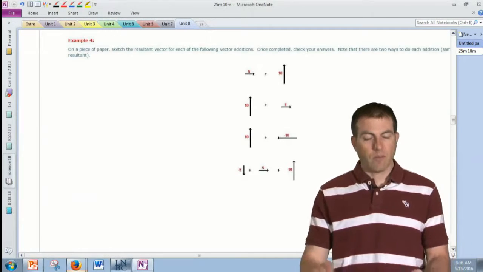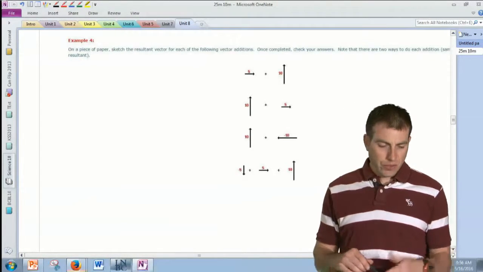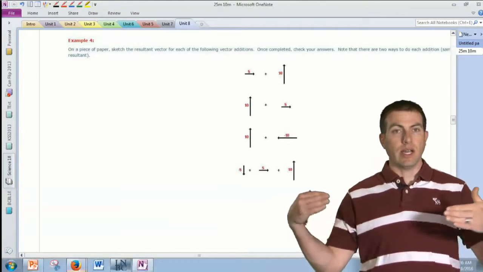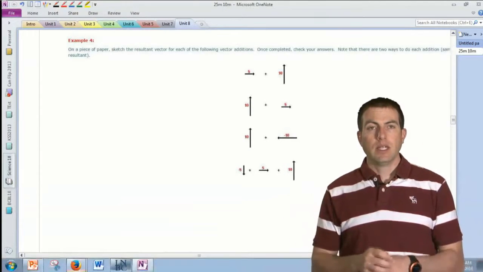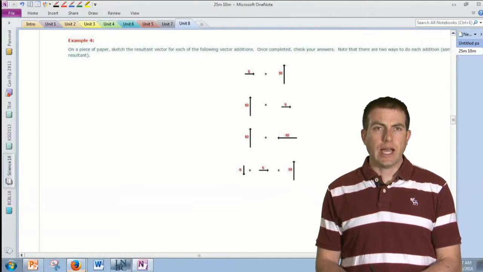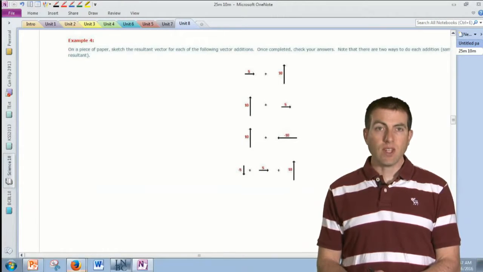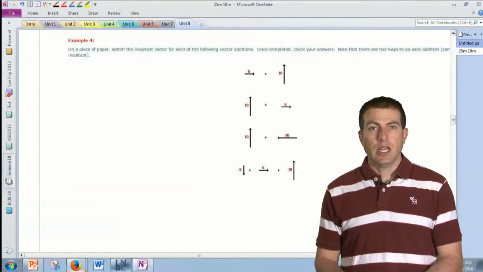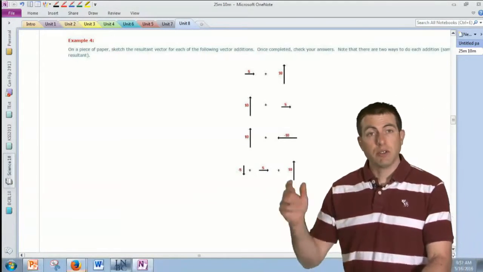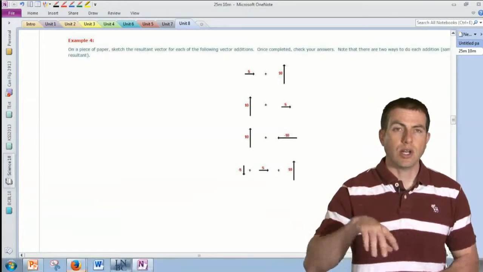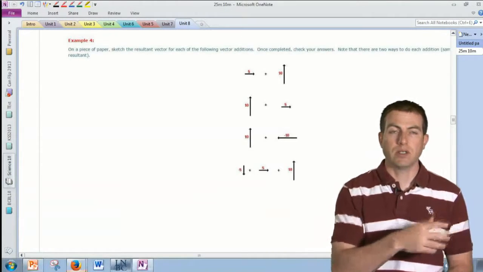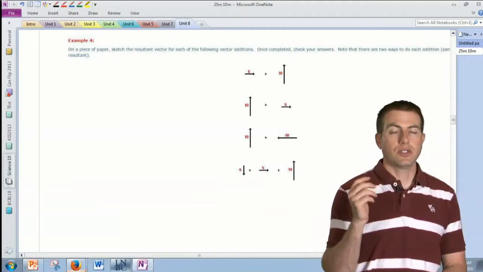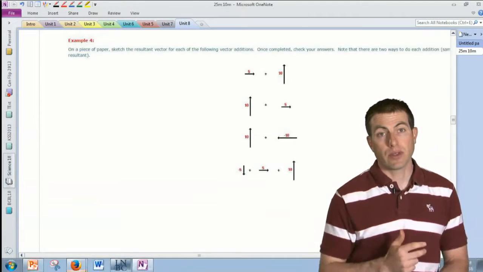All right. The first ones, we had everything going either left or right or up and down. What happens if we have vectors that are going in different directions? If I give you directions from my school, travel north for 5 kilometers, and then you need to travel west for 3.